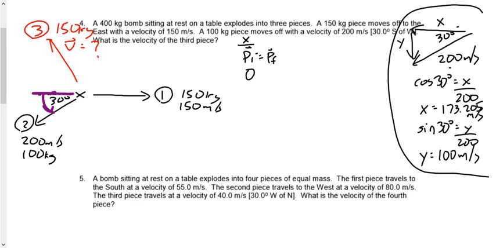Sometimes you don't, you just get in a groove of writing letters and numbers. That's fine, it becomes 0 later on. I caught it now, so I'm going to write it down now. 0 is equal to, how many objects do we have after the explosion takes place here? 3. So I'm going to write M1 V1F plus M2 V2F plus M3 V3F.